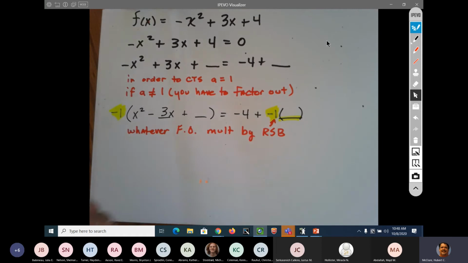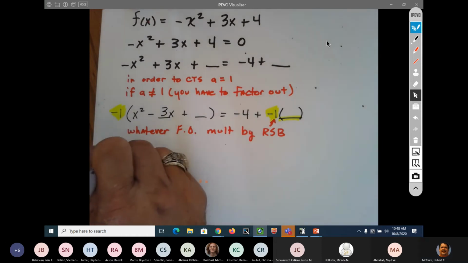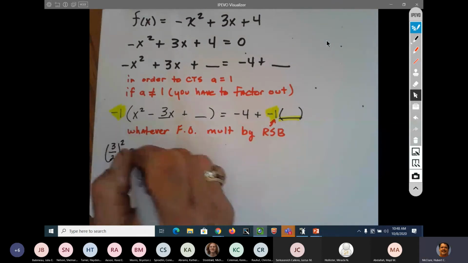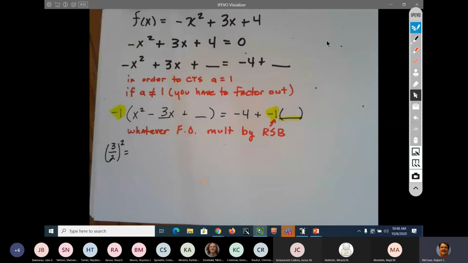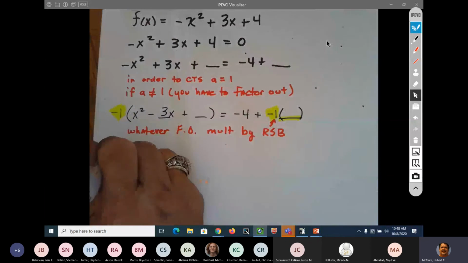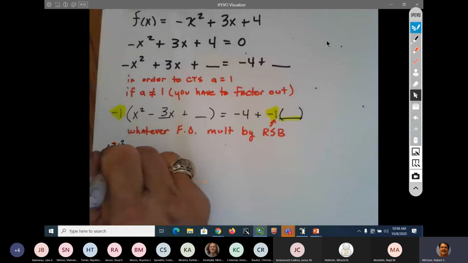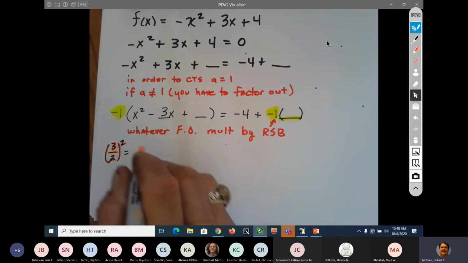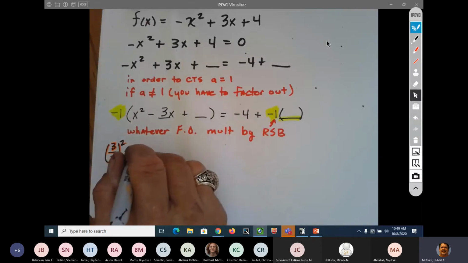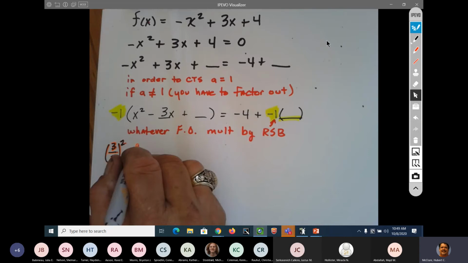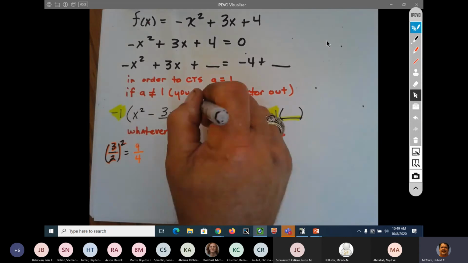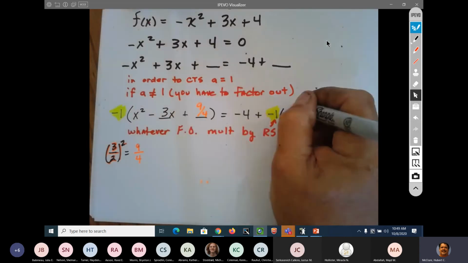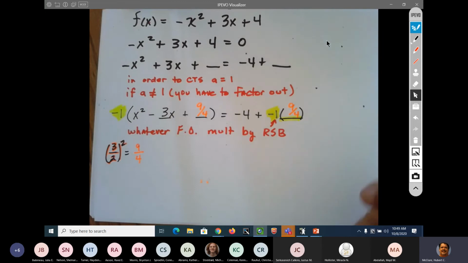So now I've got to take 3 divided by 2, just like the previous problem. 3 divided by 2, square it. 3 divided by 2 is 3/2, and squared it is 9/4. So 9/4 goes there, and 9/4 goes there.